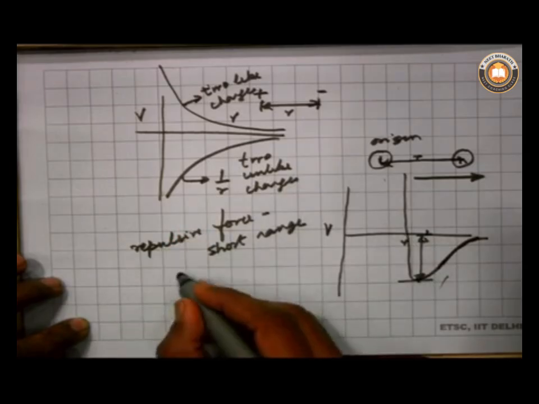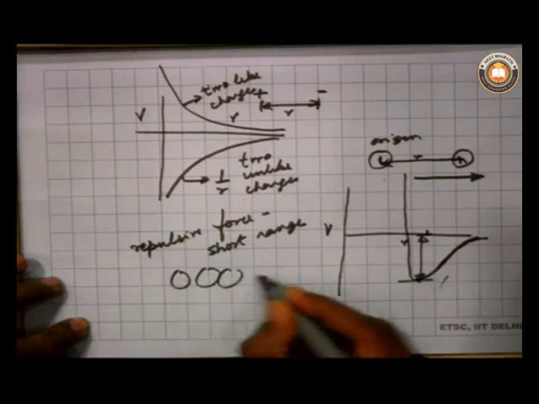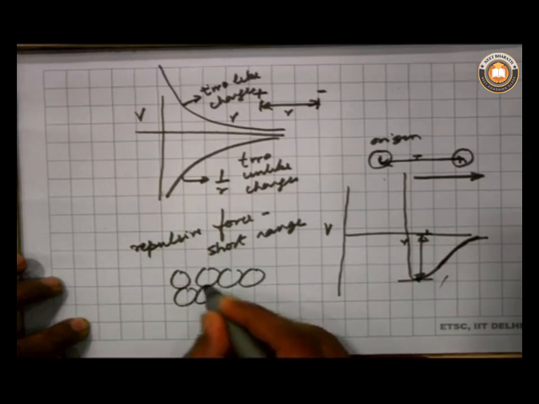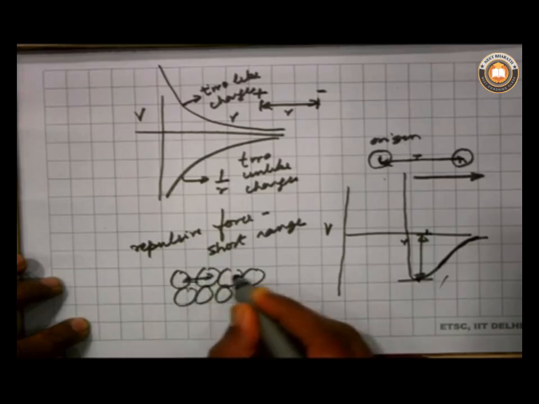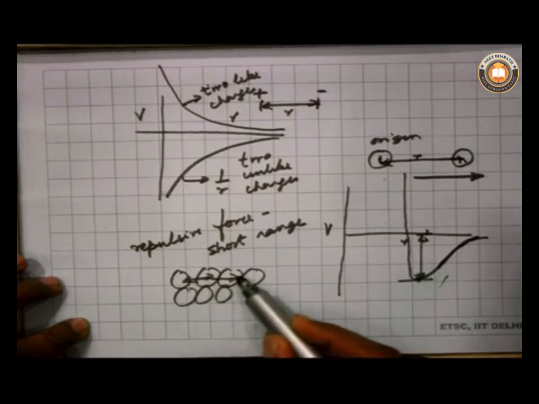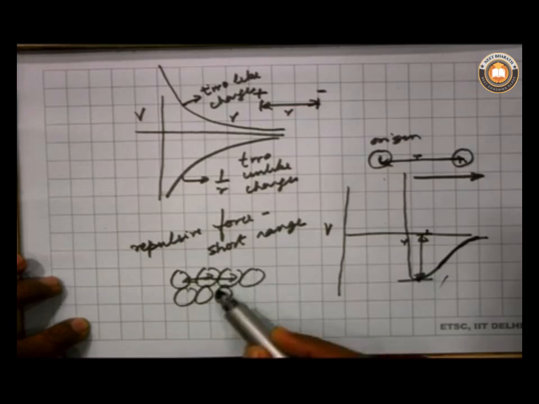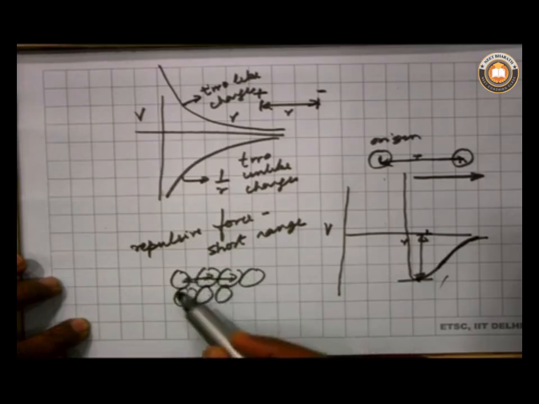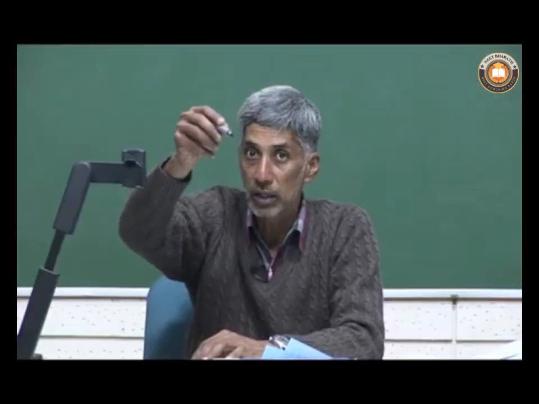Now, in a solid, there are lots of pairs of molecules. So, in principle I have to do this for every pair interaction, but when you bring three molecules together, there is also an interaction between three molecules and then four molecules, etc.